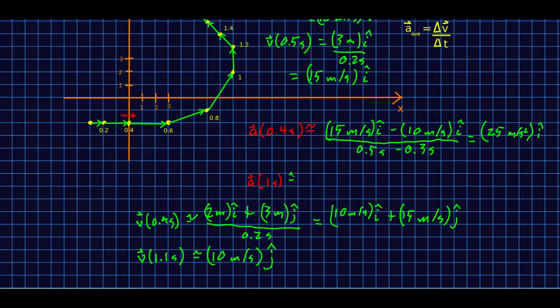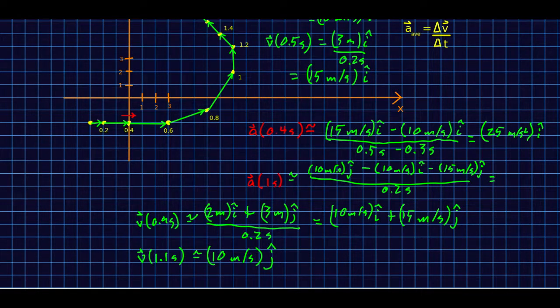And so that gives me my acceleration. I need to take vf, 10 meters per second, in the positive y direction, and I have to subtract my vi, 10 meters per second in the x direction and 15 meters per second in the y direction, and I have to divide that all by 0.2 seconds.